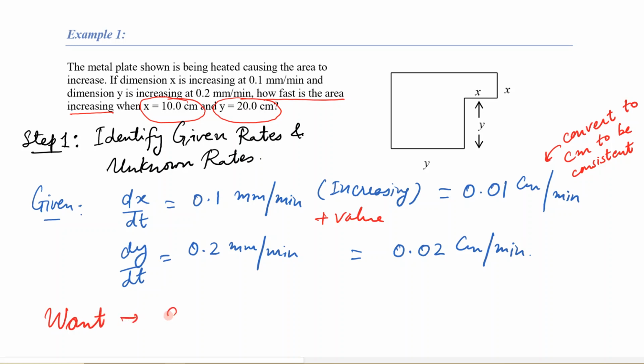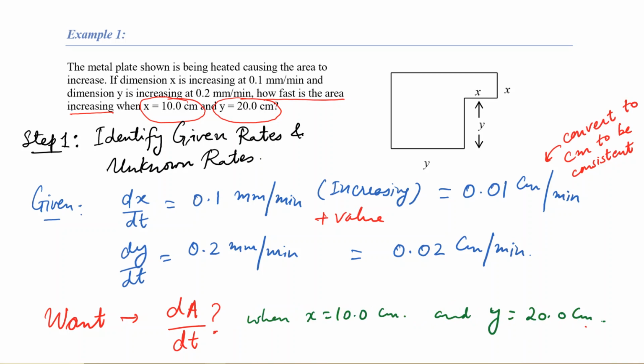We want to find how fast the area is increasing, so dA over dt, the rate of change of area, and we want to figure this out when x is 10 centimeters and y is 20 centimeters. So far we have just done one step. We read the problem and we wrote what is given and what we need to find.